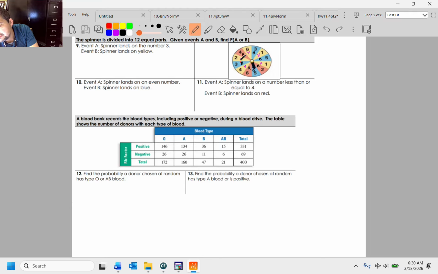I'm assuming out of 12. So the probability of event A is 6 in 12. And event B is that we land on a blue, 1, 2, 3, 4. And none of those were even. So I don't really have to do anything with that, but it's just 6/12 plus 4/12. And then I put them together and I get 10/12, then I reduce it down to 5/6.